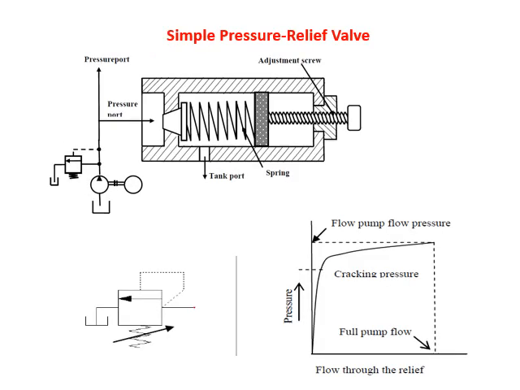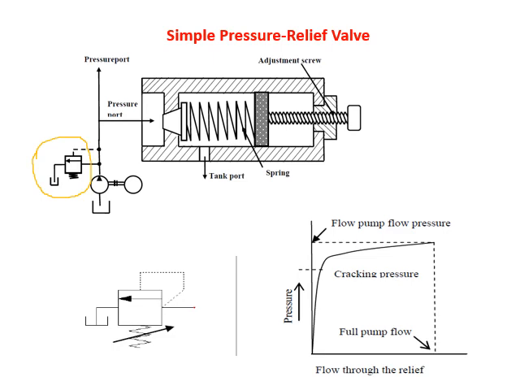First, the simplest one is the simple pressure relief valve, which you have seen in many hydraulic circuit diagrams. This particular part is called a pressure relief valve. This symbol is of a pressure relief valve. It is an integral part of every circuit.